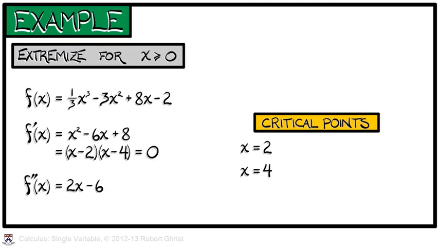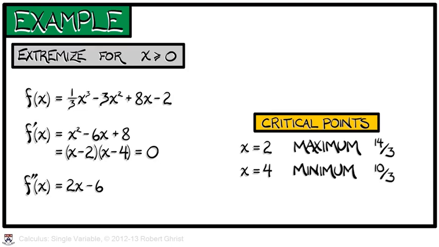That is simply 2x minus 6. And so we see that at x equals 2, we have a maximum with a value of 14/3. At x equals 4, the second derivative is positive, so we have a minimum at a value of 10/3.